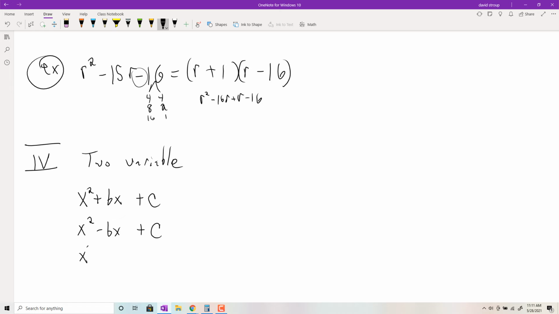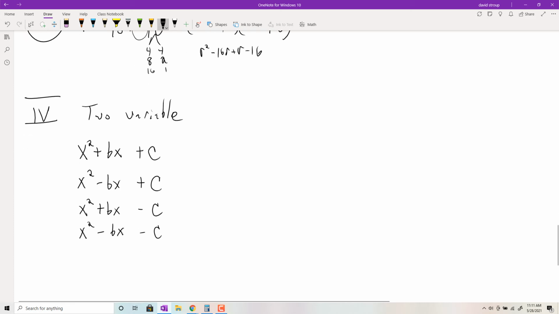And then you had x squared plus bx minus c. And then we had x squared minus bx minus c. So what's going to happen with two variables, they're just going to slip a y in here, in these positions. Like that.